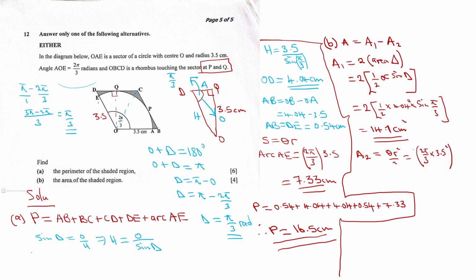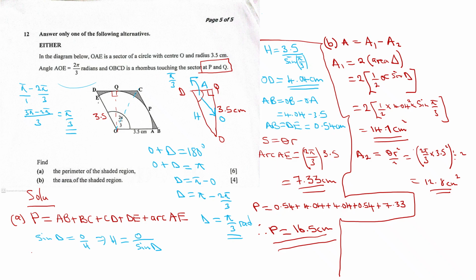The angle for the sector, 2 pi divided by 3 times 3.5 squared, then divided by 2. That's according to the formula. When you work this out and round off, you are going to get 12.8 square centimeters.